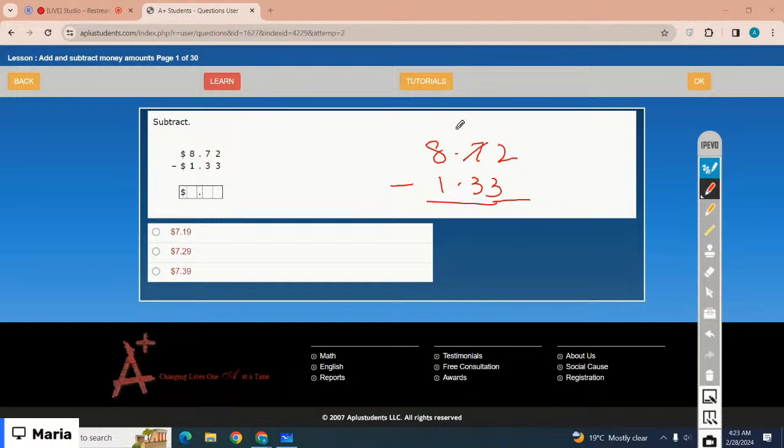So when you borrow 1, you are left with 6 here, and that makes 12 here, right? And 12 take away 3 is 9. The next one is 6 take away 3, so that is 3. And then 8 take away 1 is 7. Yes, very good. That is 7.39, the correct option. Got it? That is 7.39.